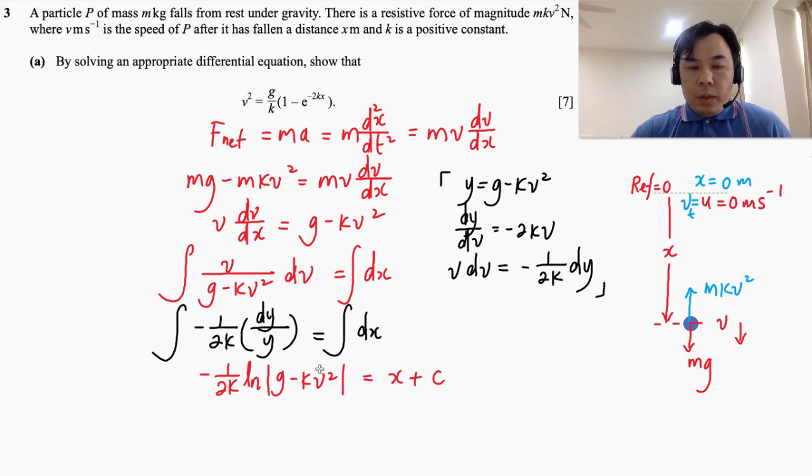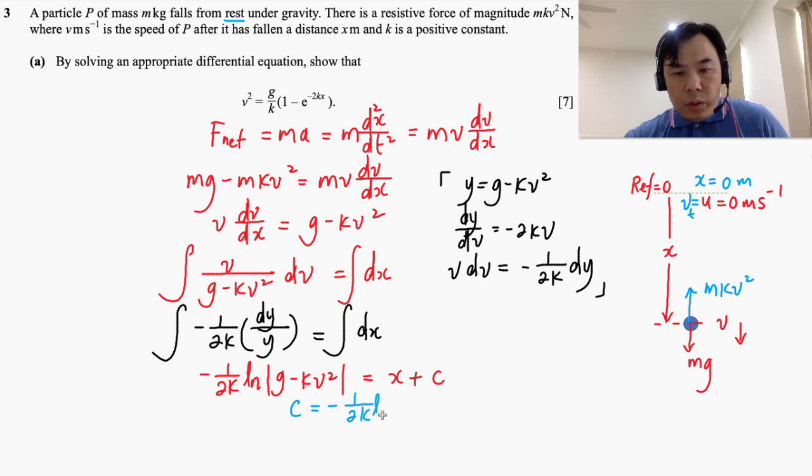So we're going to substitute that in. When x is equal to 0, v itself is equal to 0. Initially, it was released from rest. So by solving that, you will find that c is basically negative 1 over 2k, times ln g. Since I know that g is positive, I can ignore the modulus sign.